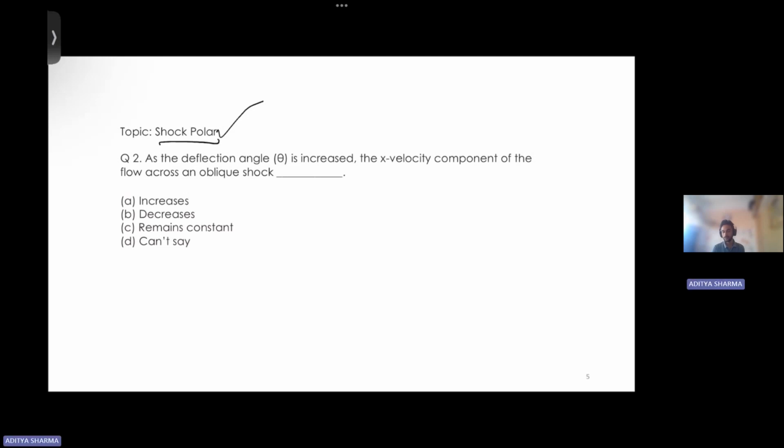So the question has talked about the deflection angle. What the question says is that we are increasing the deflection angle. So the x velocity. The question directly doesn't ask us to use shock polar to solve this, but we can solve it using shock polar.